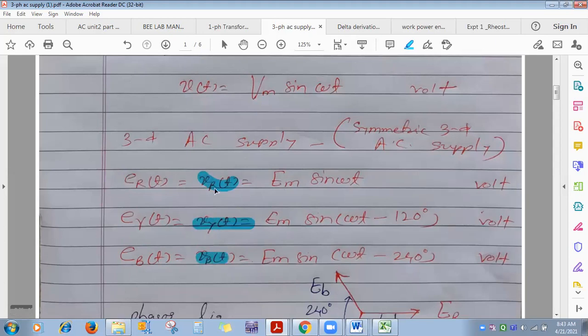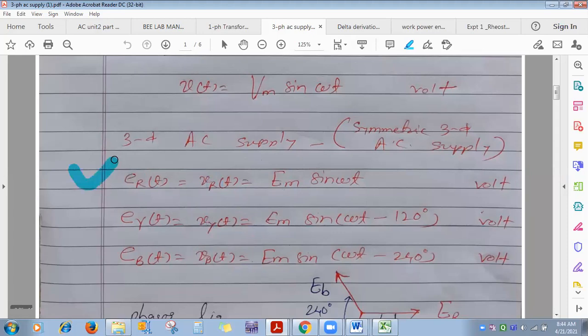Because they are instantaneous values, any of it you can use. If you are using small e, then use capital Em, the peak value. All of you know the peak value we always denote by a capital letter with suffix m, here Em, here Em. But if you are using small v, then please use capital Vm, Vm, Vm. Got the thing? So in some books you will find small e, in some books small v.